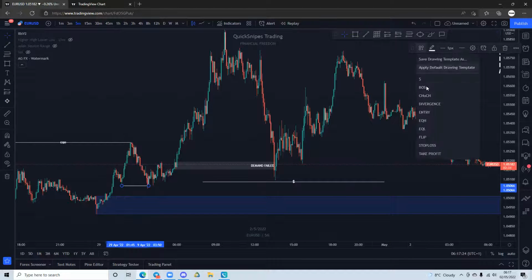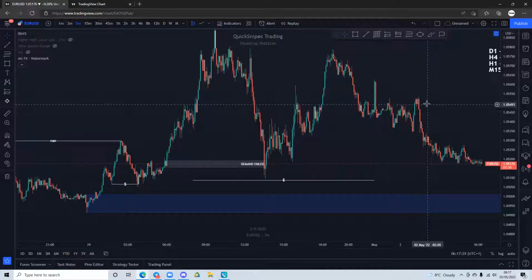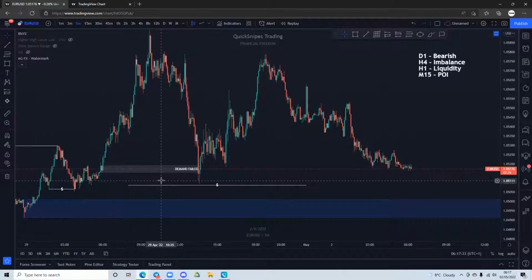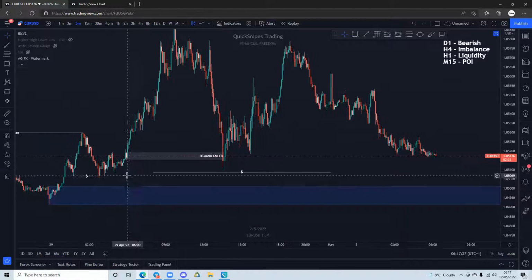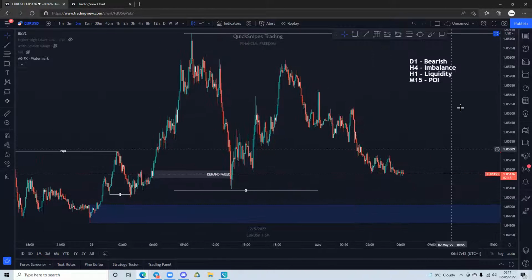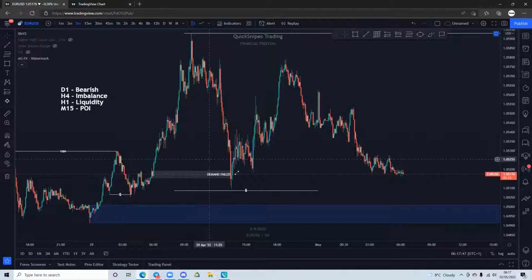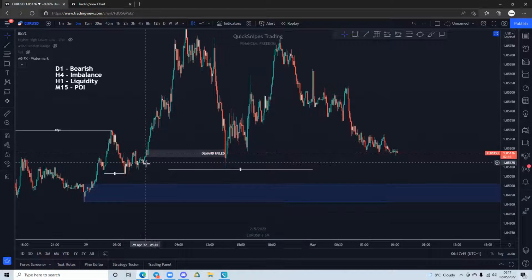And this is where a lot of QuickSnipes traders essentially miss out, because everyone thinks that these equal lows means a quick liquidity grab, then a move, but you need to wait for confirmations. And particularly SMC traders, this is where they miss out. So we're always ahead of them.